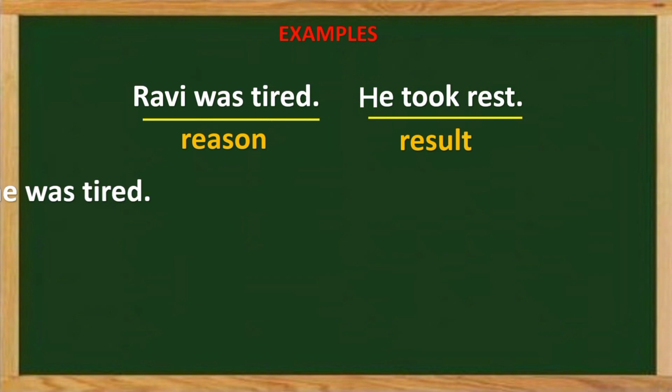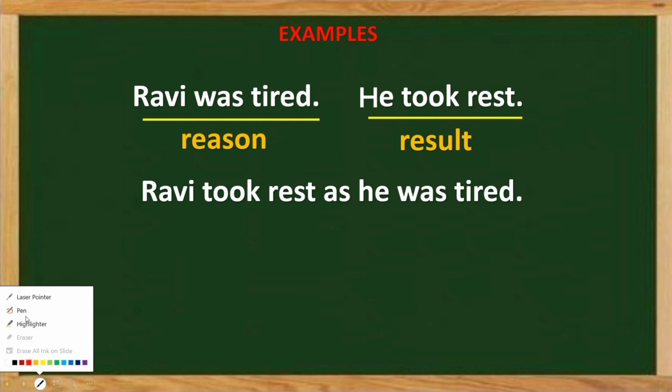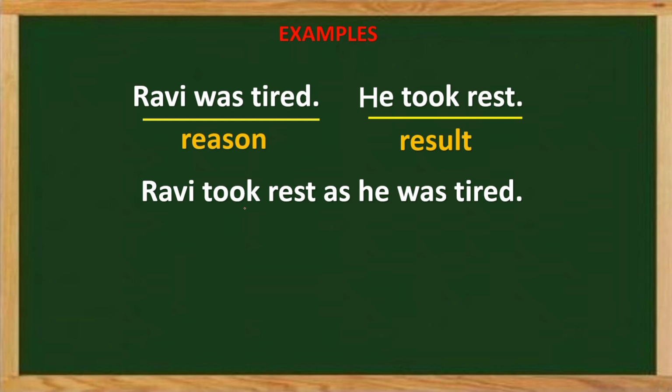So let us see how to write it and see how we wrote it. We wrote the result first: Ravi took rest. This is the result. We replaced he with Ravi here because we don't begin the sentence directly with a pronoun. First we use the noun, later we use the pronoun in the same sentence.